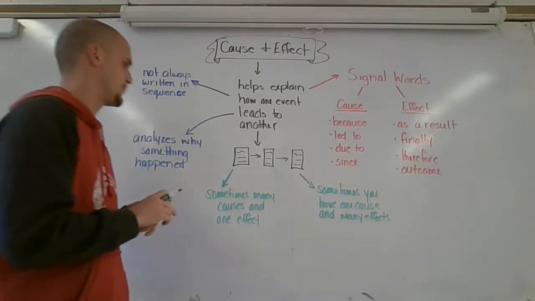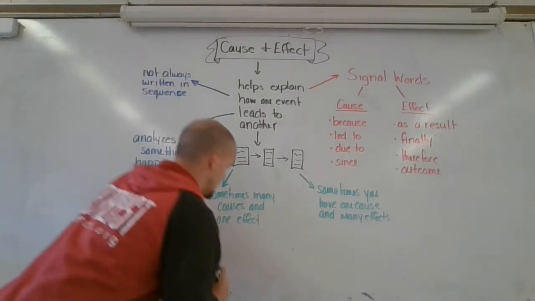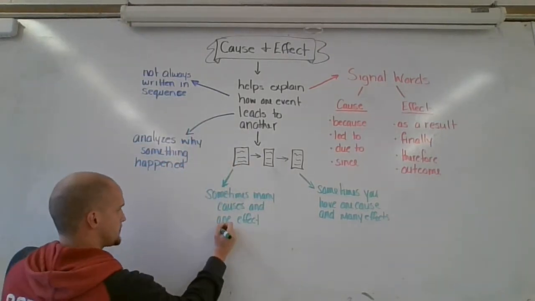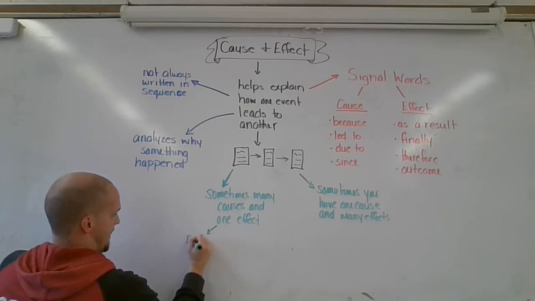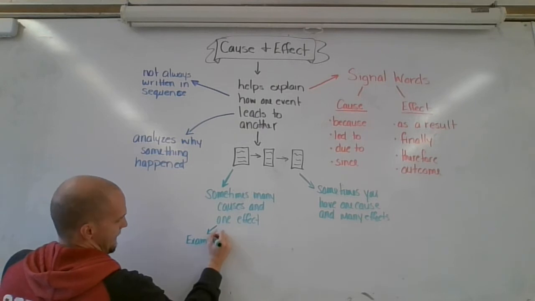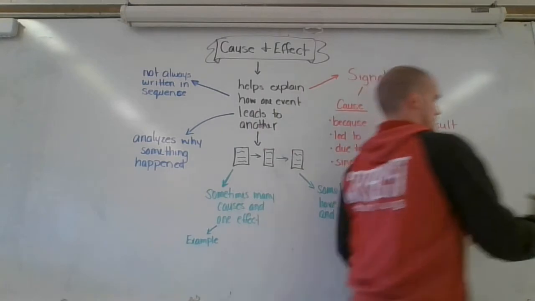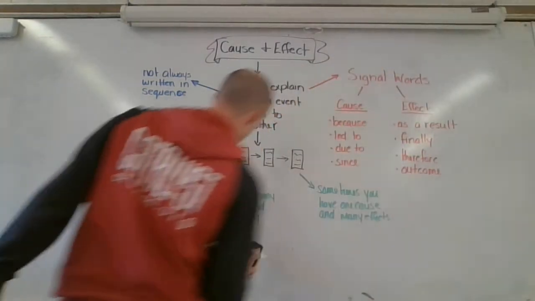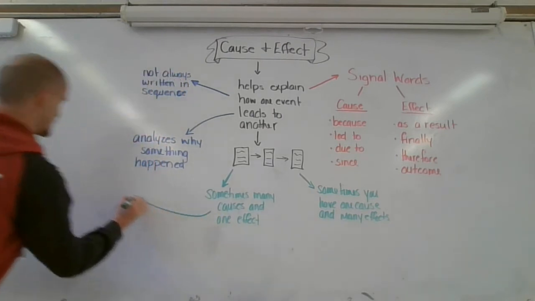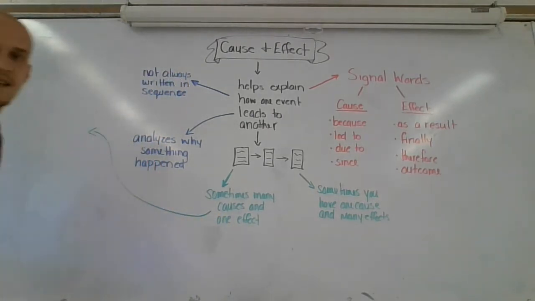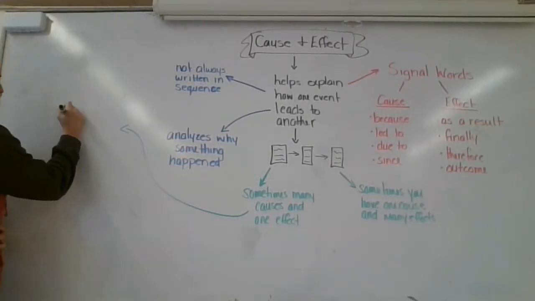So, for example, let's do an example of many causes and one effect. Let me rewrite it over here where there's some space. I'm running out of space on my board. So let's look at an example where there's many causes and one effect.